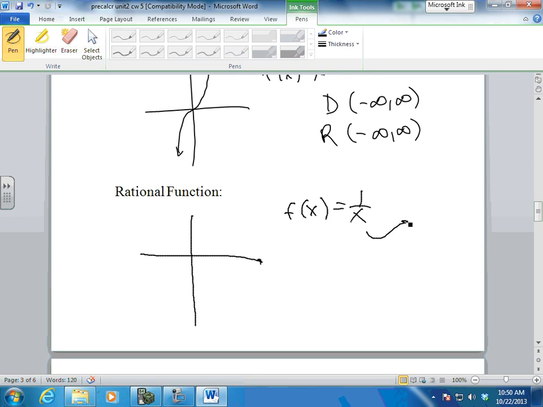So we take this denominator and we set it equal to 0. We take that restricted number, because we can't use it, out of our domain. And you are left with a domain of all these other numbers, negative infinity to 0, or 0 to infinity. What this makes for you is a natural asymptote.